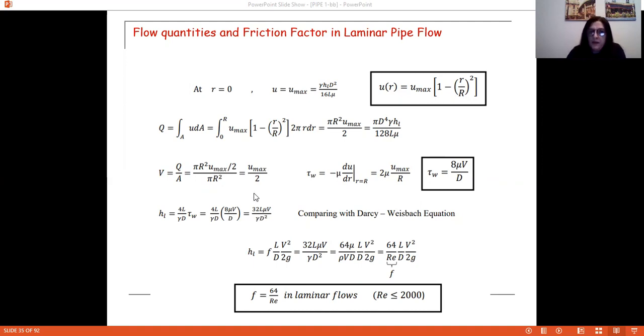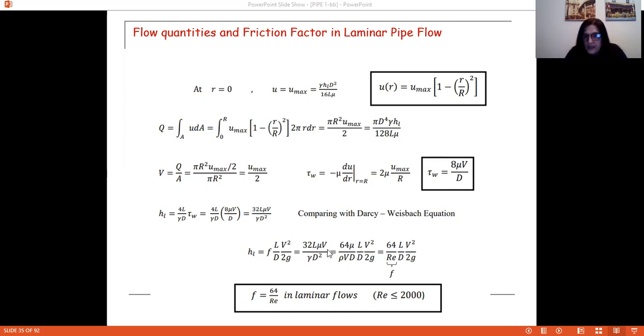Now, keep this relation of head loss in mind. Now I will write the Darcy-Weisbach equation again, which we know at this point is f L over D times V squared divided by 2g is the head loss. Now, this head loss is equal to that 32 L mu V divided by gamma D squared.